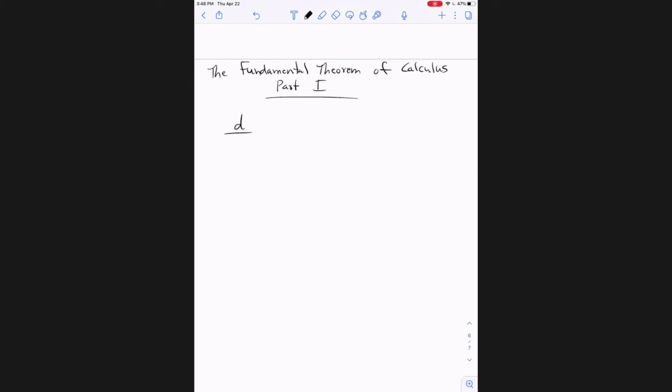So if I were to say we're going to take the derivative of the integral from some number a to x of f of t dt, what the fundamental theorem of calculus part 1 says is that this is just equal to f of x. This is how the author of the book writes it, and that's what I'm going with, but I'll explain with an example. It'll make more sense.